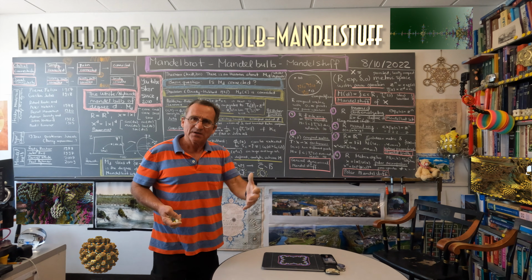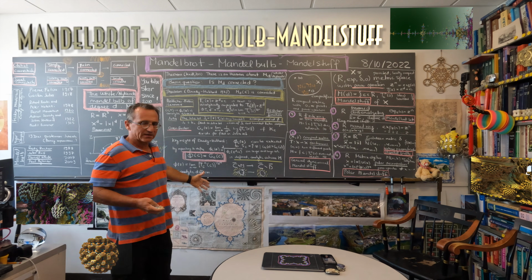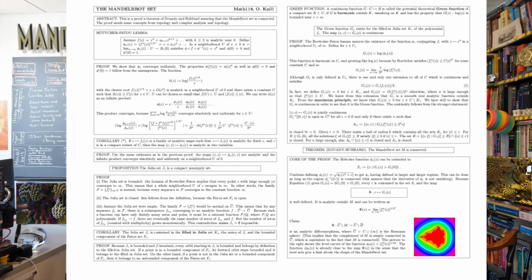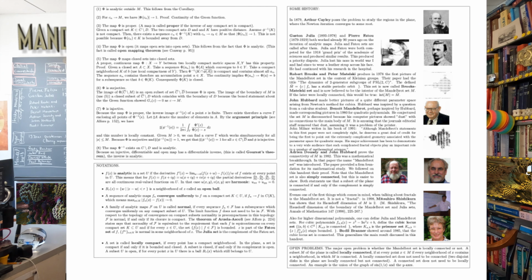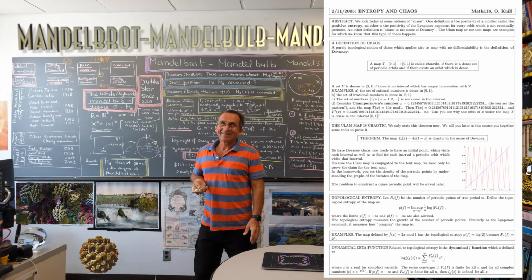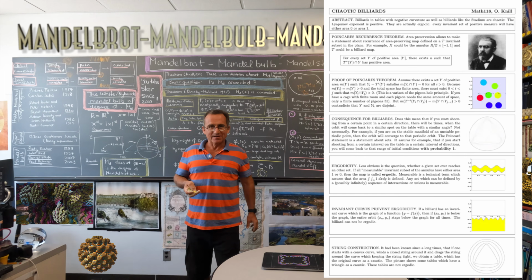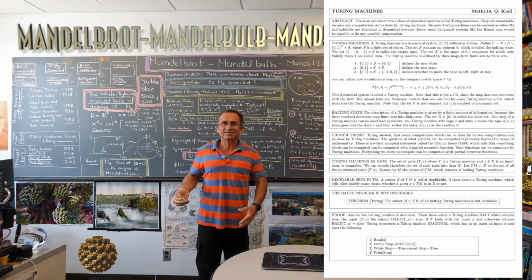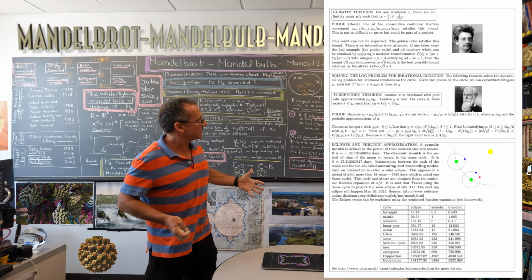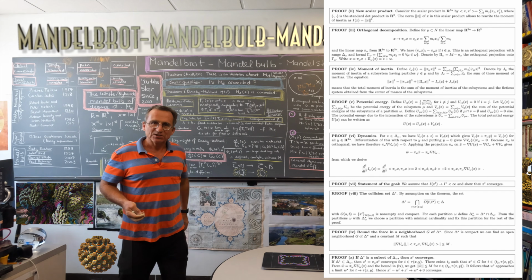I learned it from that seminar, and I have written it down for a dynamical systems course in 2005, that's already 17 years ago. It's still on my website, the write-up, but it's essentially the proof of Douady and Hubbard.